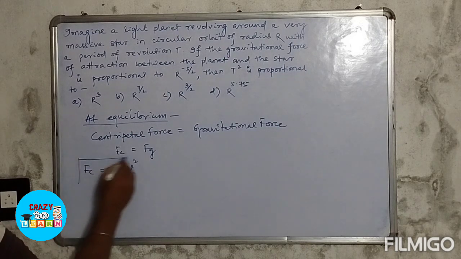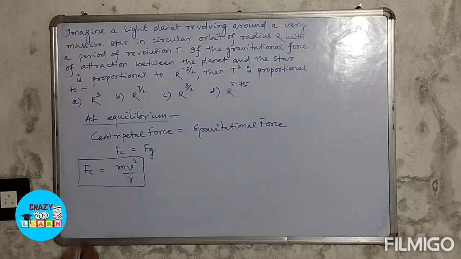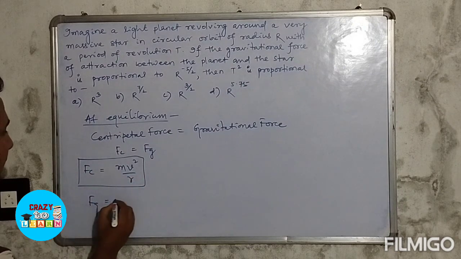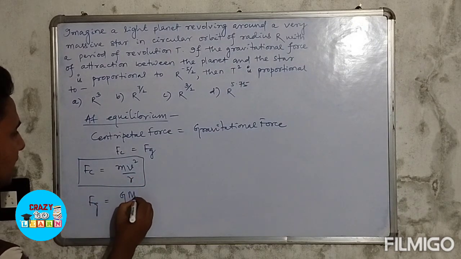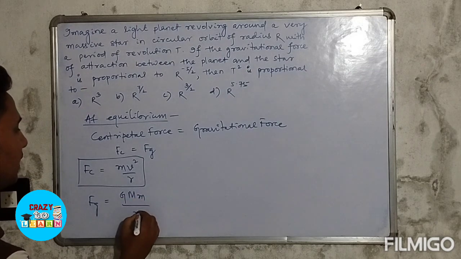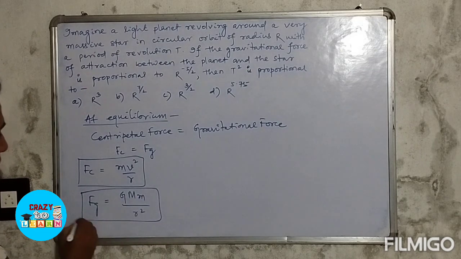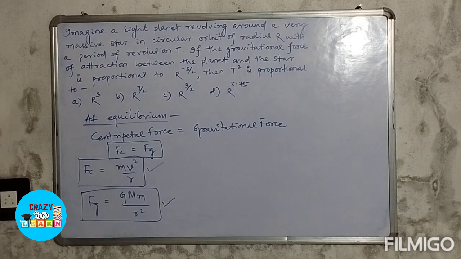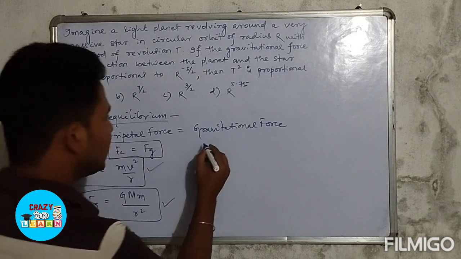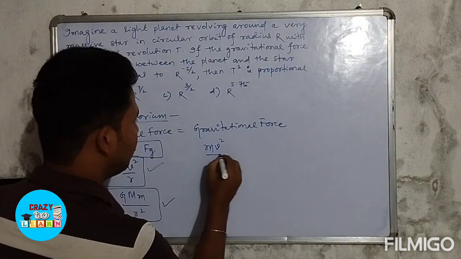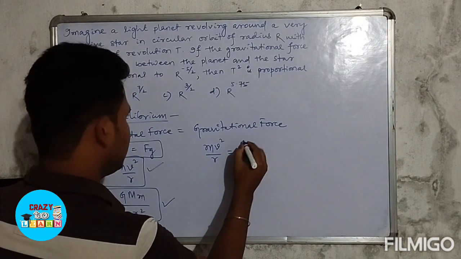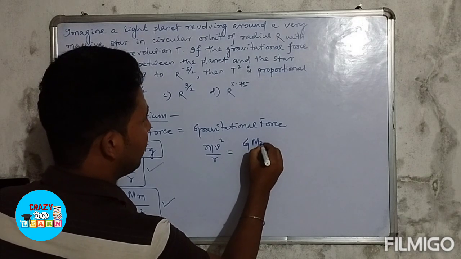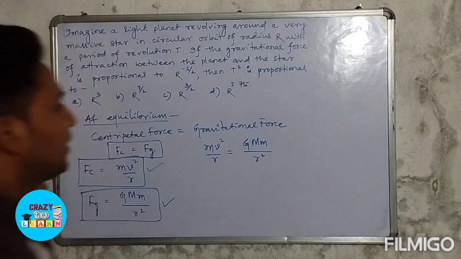And the gravitational force of attraction is Fg equal to capital G, capital M, small m by r square. At equilibrium condition, the centripetal force is equal to the gravitational force. So just equate these two. What will you get? mv square by r is equal to capital G M m by r square.